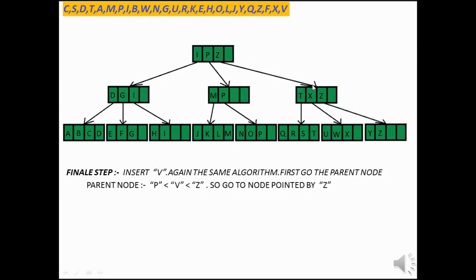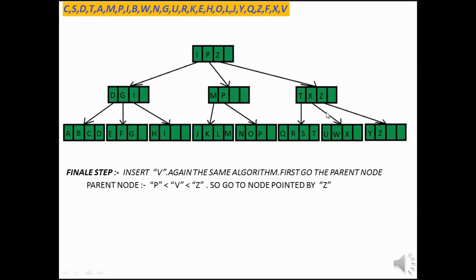Now come to level 1. At level 1, the child pointed by Z is TXZ. Now there again, repeat the comparison. V is greater than T, come to X. V is less than X, right? So we have to come to the child node pointed by X. So level 0 and level 1 are clear.